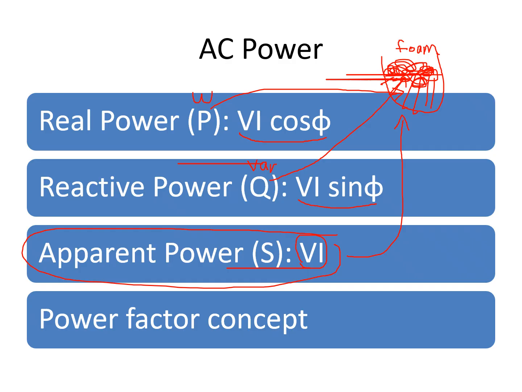And this phase difference also introduces a new concept in AC systems known as the power factor concept. I just briefly mentioned it here, but again, I will delve much deeper into power factor concepts and how it affects the quality of our power in an AC system.